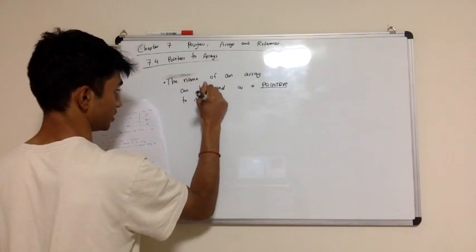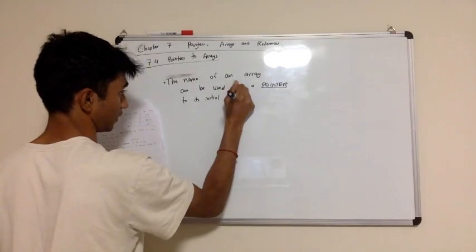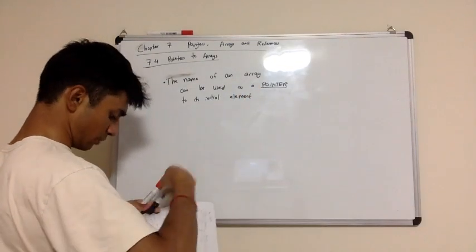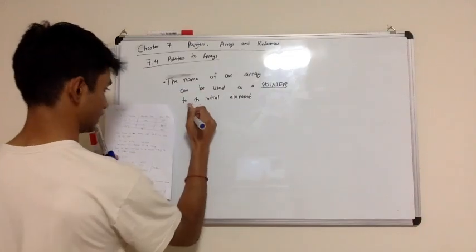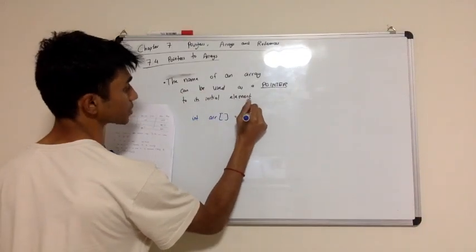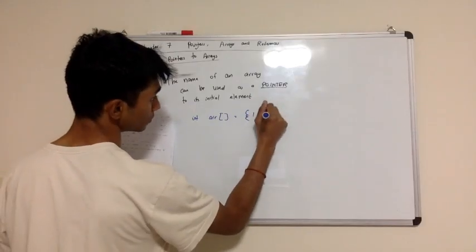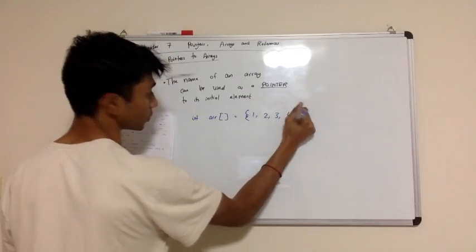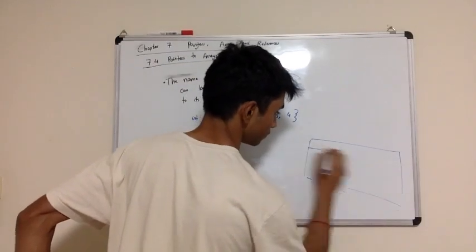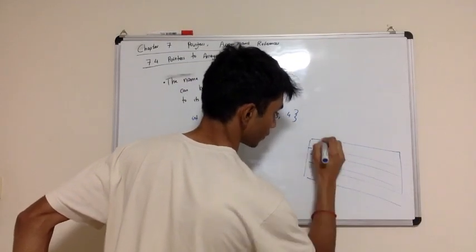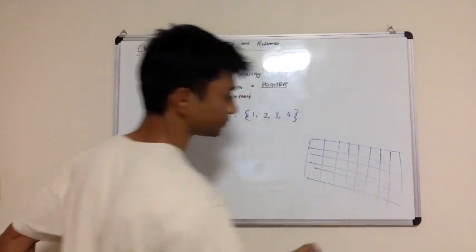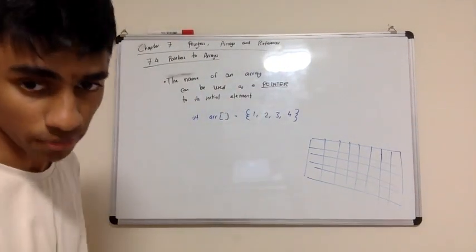to its initial element. So I have a code snippet. Imagine we make an array like int array. I'm not going to bother giving an explicit size, but I will say 1, 2, 3, and 4. Remember, in memory, in reality, each grid cell represents 1 byte.